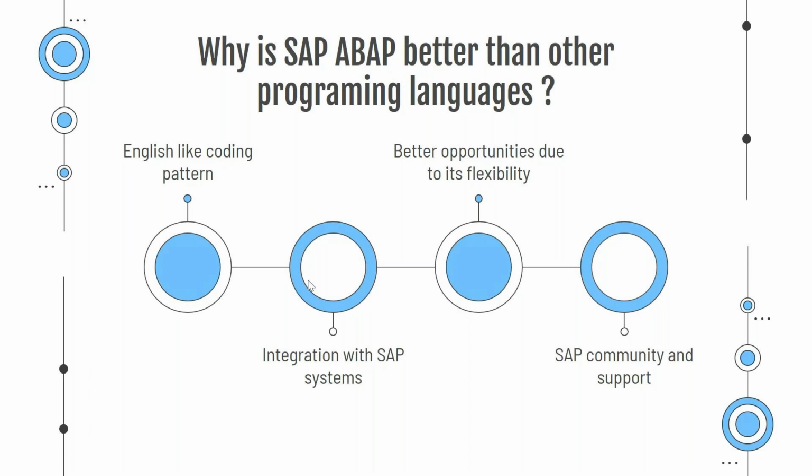Okay, so if you want to sort the data, then you'll simply write sort data ascending or descending order. If you want to convert any data to uppercase, then you will just write convert to uppercase or convert to lowercase. Like that, it is simple. Everything will be in English only. So if you can speak, write, understand English, then you can write code in ABAP. Simple, right?